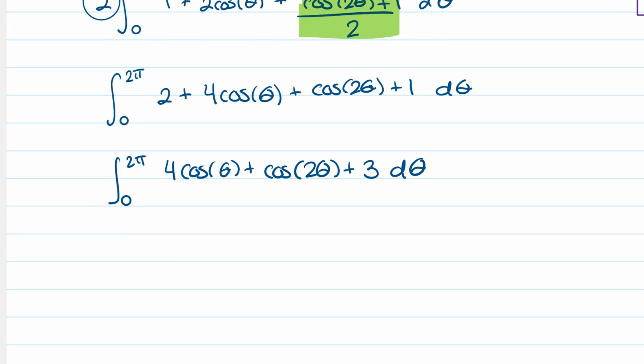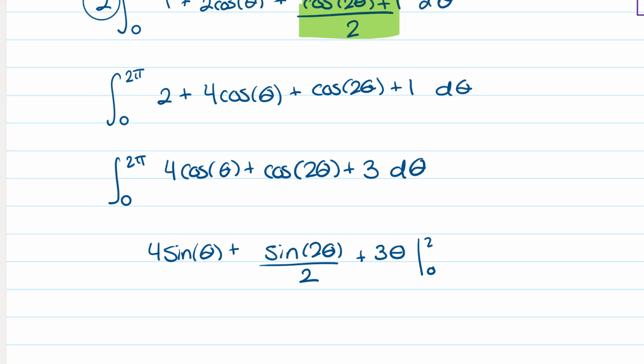Now all I have to do is integrate. 4 cosine theta becomes 4 sine theta, plus cosine 2 theta becomes sine 2 theta divided by 2 because of the reverse chain rule, plus 3 theta, from 0 to 2 pi. Now all that's left is to plug everything in.